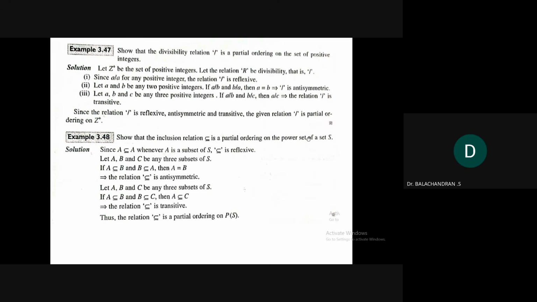You know what we mean by the power set of S, which contains all the subsets of S. So first, A is a subset of A, whenever A is a subset of S. From S, I am taking a subset A. That subset is a subset of itself. If you take any subset from S, this is true. And hence the set inclusion is reflexive.